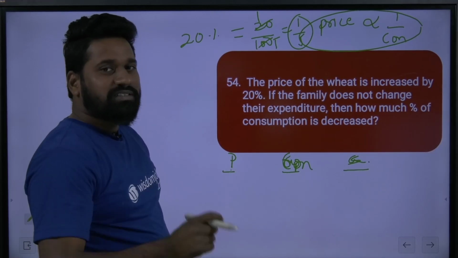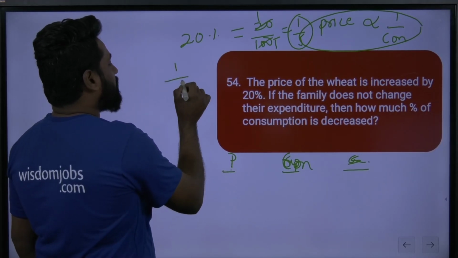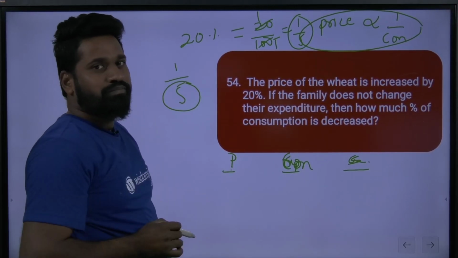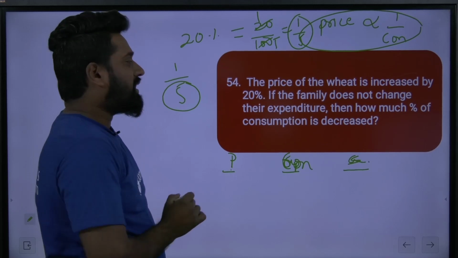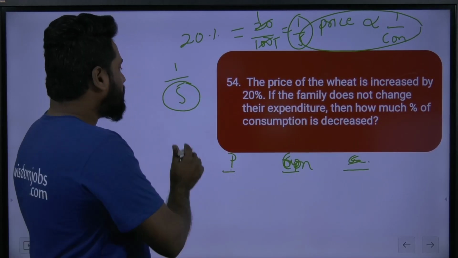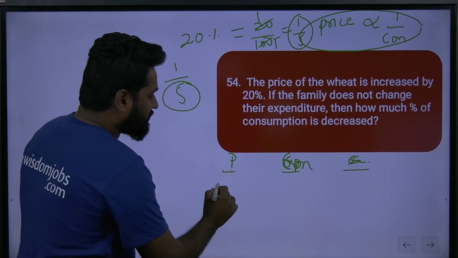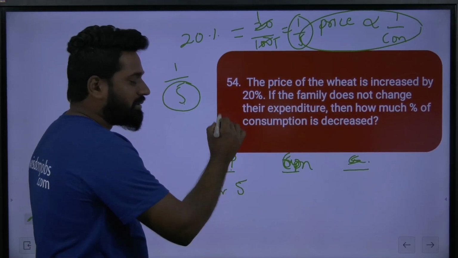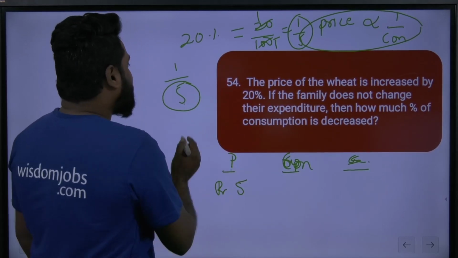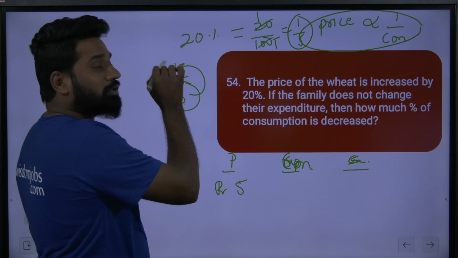Suppose 1 by 5 indicates what? Suppose this 5 rupees is the price of the wheat before increasing the rate. After increasing, it is increased by this 1 rupee.